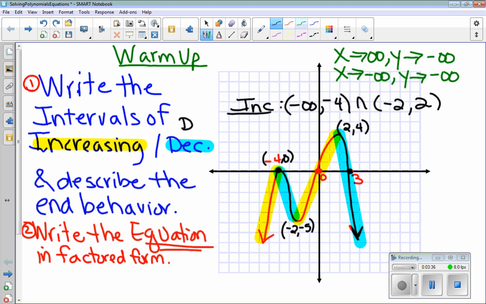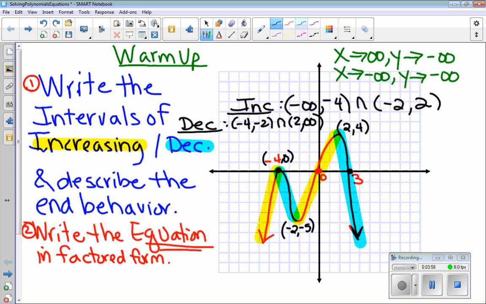For decreasing, we're going to be looking at the blue highlighted segments. It's decreasing from negative 4 to negative 2, and from 2 off to the right, or 2 to positive infinity.